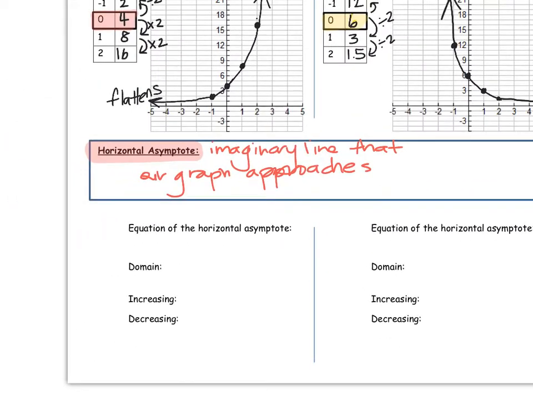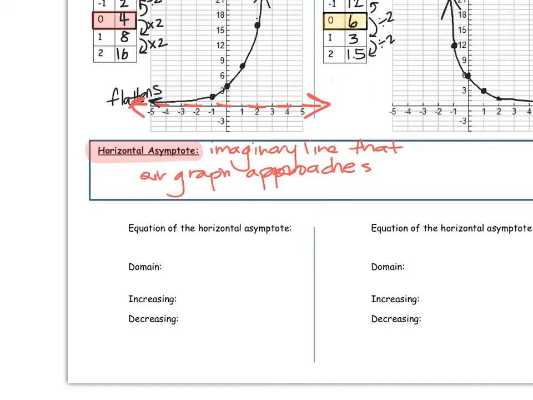So imagine a line that our graph approaches, and actually our horizontal asymptote in this case, I'm going to draw it with a dotted line, is basically all along the x-axis. So our graph gets close to this horizontal asymptote, but it doesn't touch it. It just gets very, very close to it.